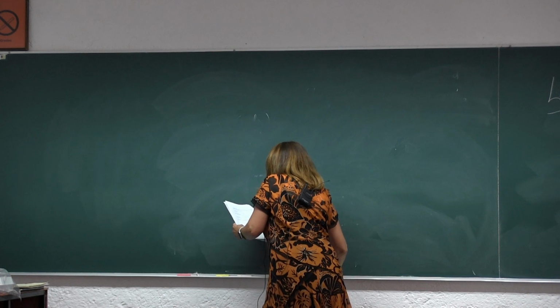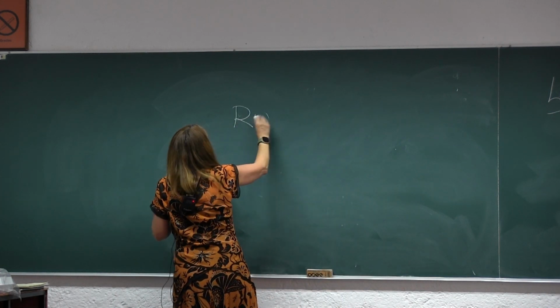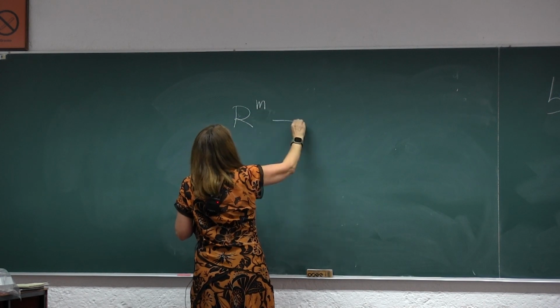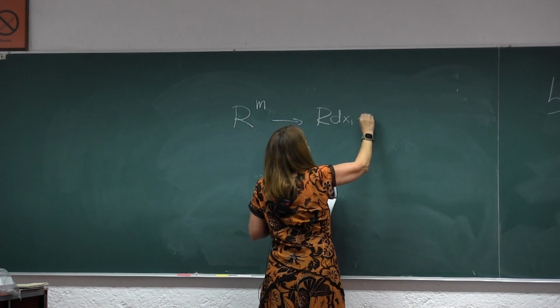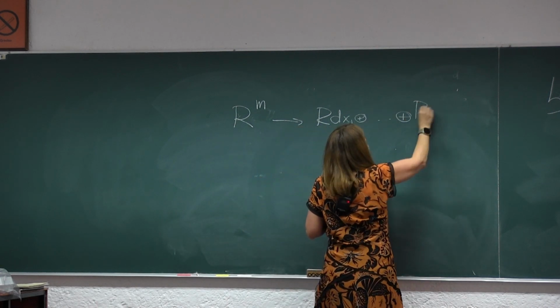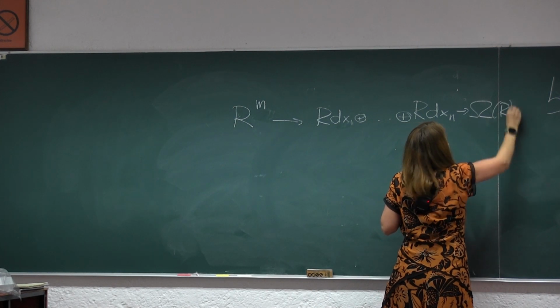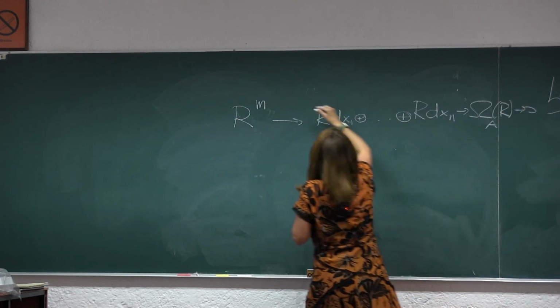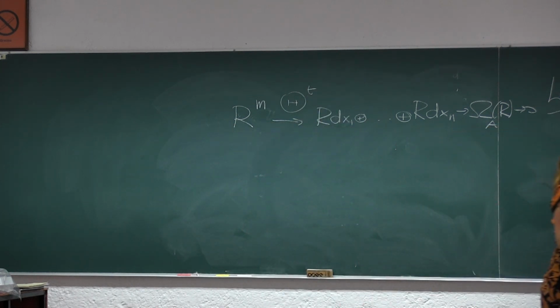So you get R^m, and then R dx1 direct sum R dxn goes to omega. And here you have the transpose of that matrix. So you look at exactly what I go modulo. So this is called the Jacobian matrix.